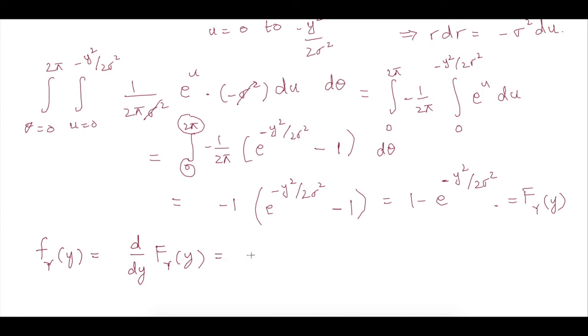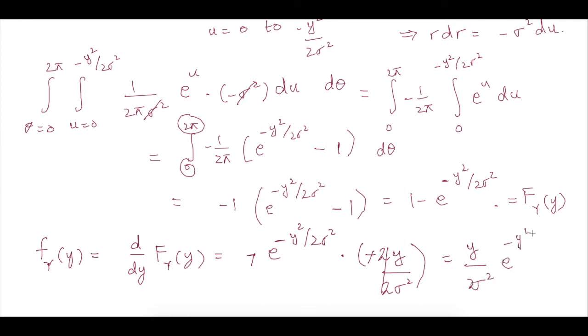So we have minus of e to the minus y squared over 2 sigma squared times minus 2y over 2 sigma squared. Okay, so this minus and this minus go away, the 2s cancel, and what I'm left with is y over sigma squared e to the minus y squared over 2 sigma squared.